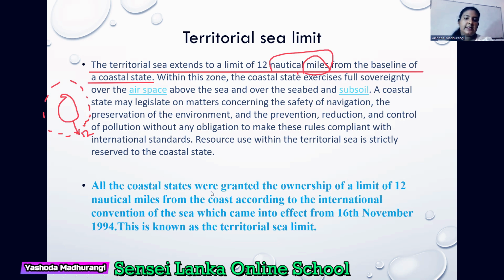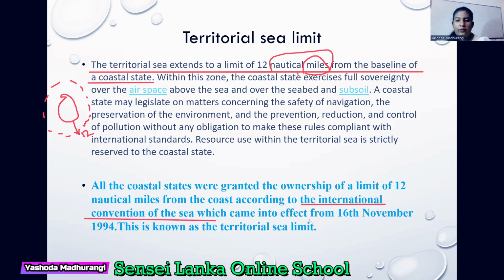All the coastal states were granted the ownership of a limit of 12 nautical miles from the coast according to the International Convention of the Sea. Who gave this permission? The International Convention of the Sea.